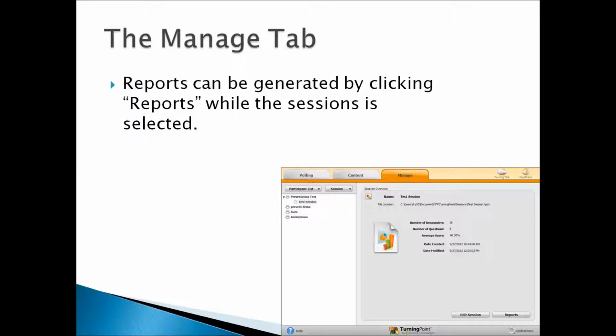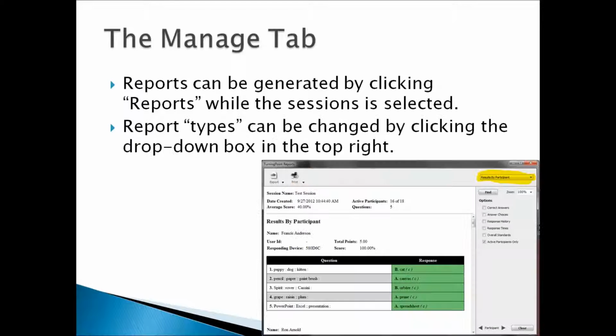The little report button in the bottom right hand corner, you would click it, or you could simply double click the session file. Alright, after that you will get a screen like the one we see before us, and the type of report that has been generated can be changed by that little highlighted box in the upper right hand corner of the user interface, that the picture that we see on the screen right now.